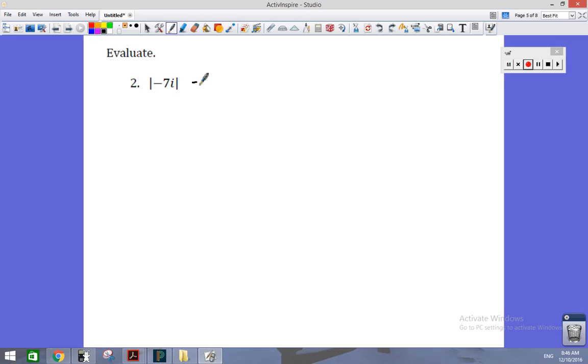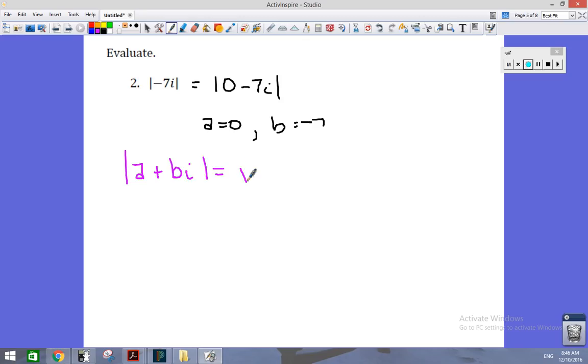Here, let's think of this as 0 minus 7i, so a is equal to 0, b is equal to negative 7, and my formula for the absolute value of a plus bi is the square root of a squared plus b squared. So for this problem, the absolute value of negative 7i is simply 7, right?